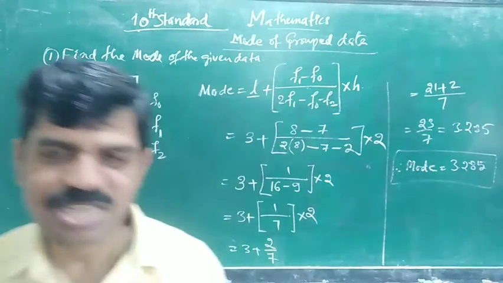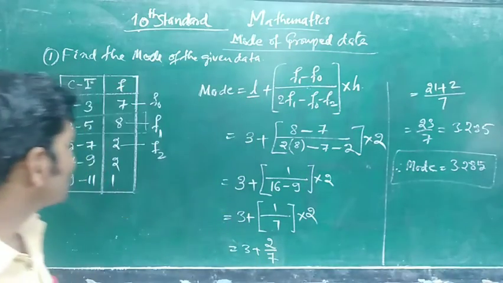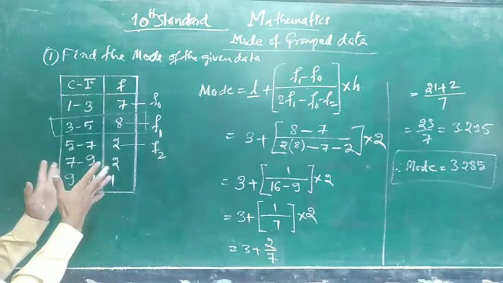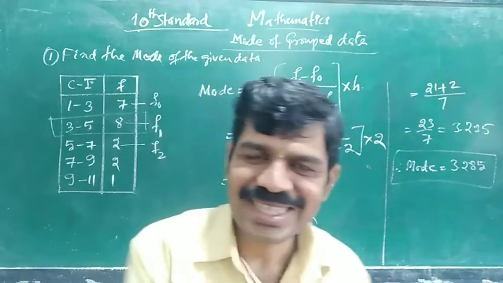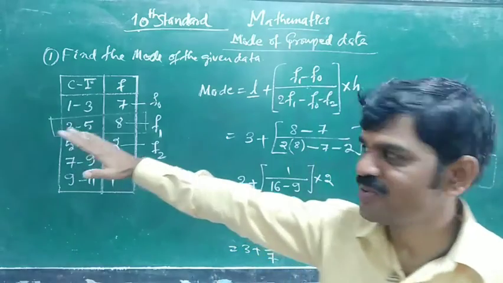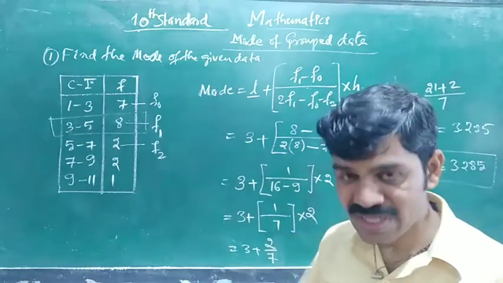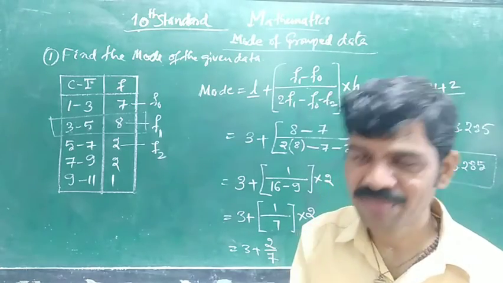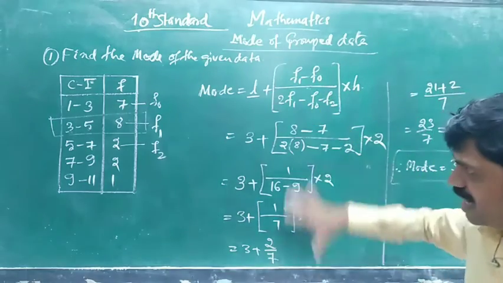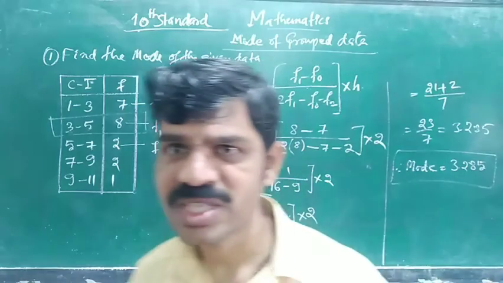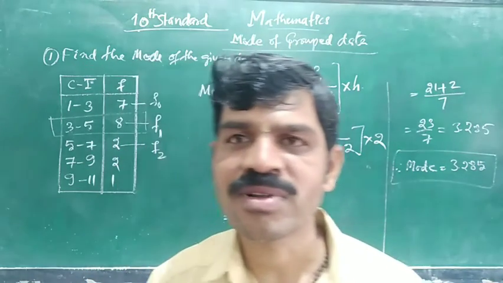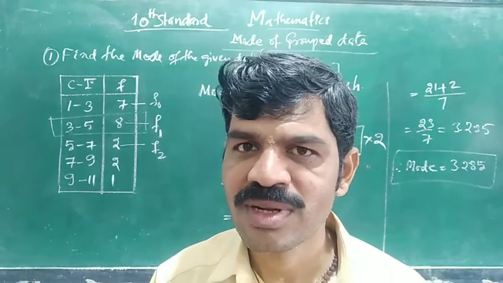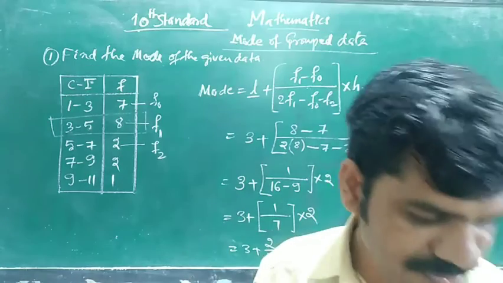It is given in the textbook also. And if the data is given, where does L come and where do F0, F1, F2 come? What is the H, size of the class interval? That you have to remember and write. This is the very first question, dear students. We'll go for the next question. You please write it down.